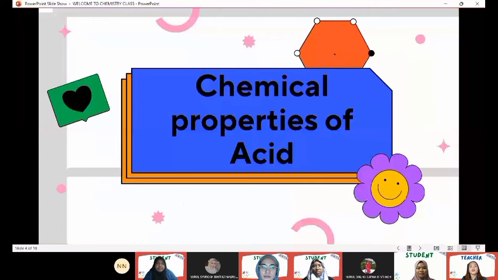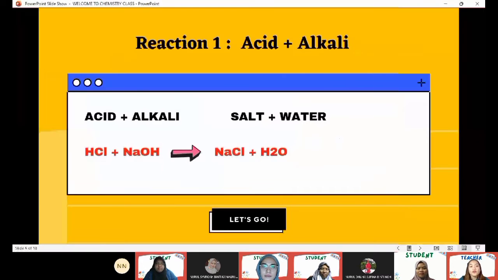Okay, now we are going to learn about the chemical properties of acid. For the first property, we can observe it from the reaction between acid and alkali. Acid reacting with alkali will produce salt and water.